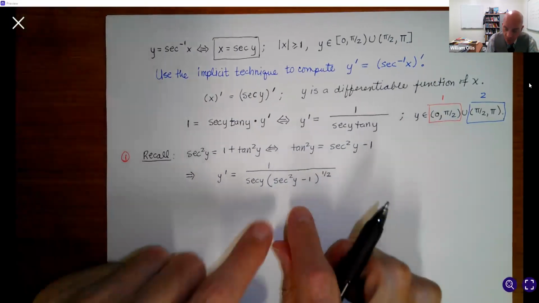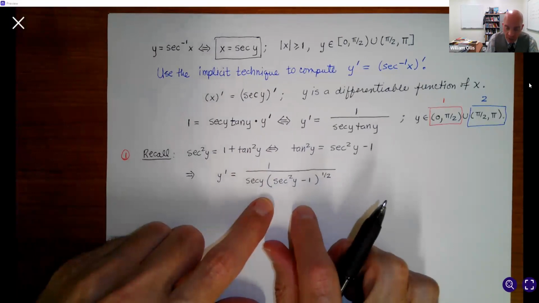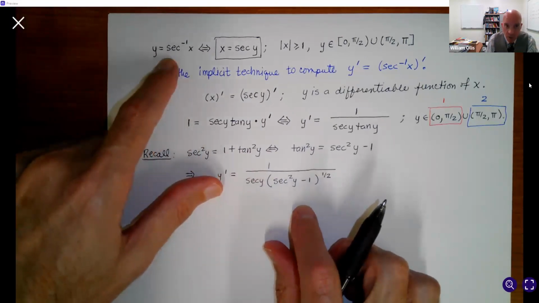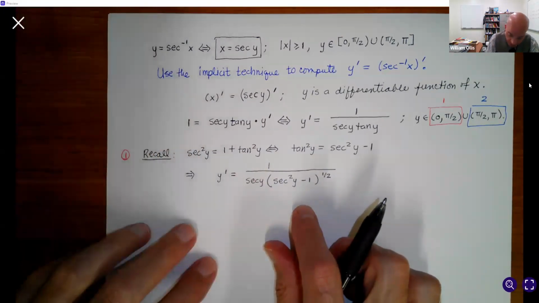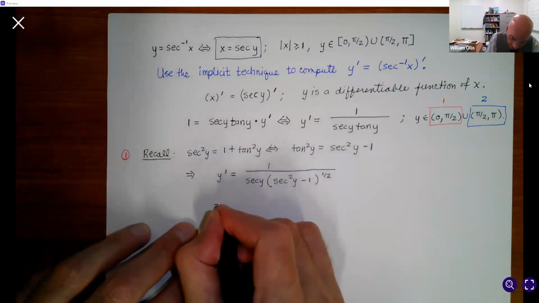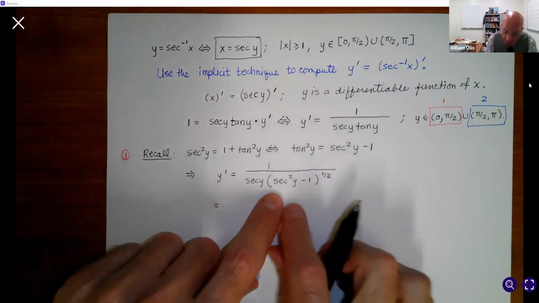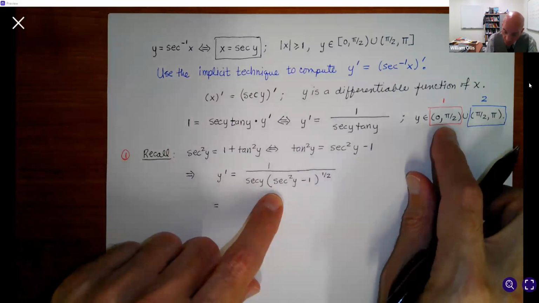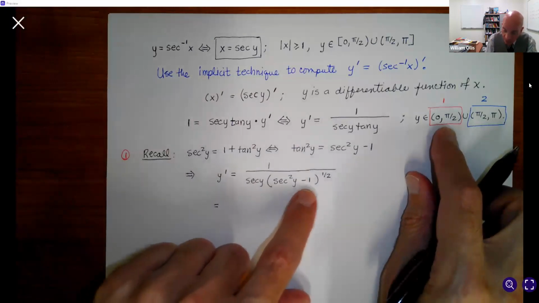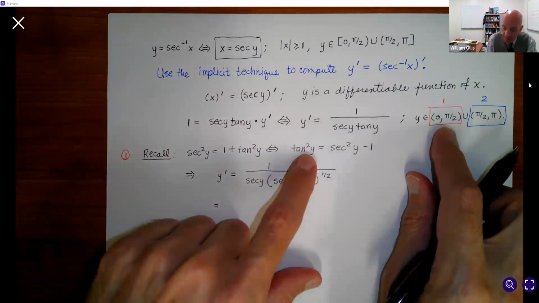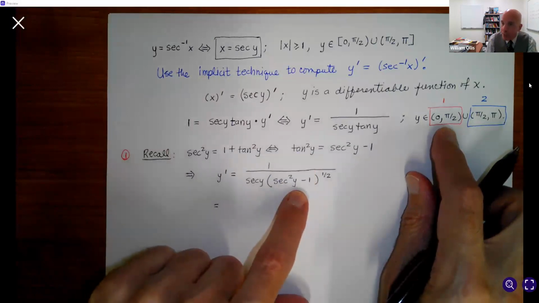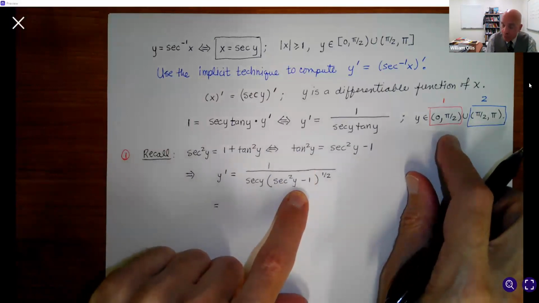And now we're ready to move to the x variable, because we know what y is. It's the inverse secant of x. So again, because we're dealing with this particular interval where the tangent is positive, we have established the tangent with the correct sign for the square root.